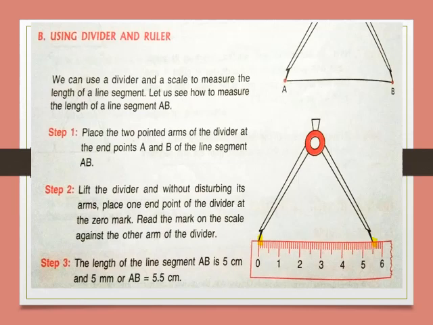Can you tell me what is the length of the line segment AB? What is the mark against the other arm? 5.5. 0.5 means 5 small lines are there, and therefore 5 centimeter 5 millimeter is the length of the line segment AB, and therefore AB is equal to 5.5 centimeter.